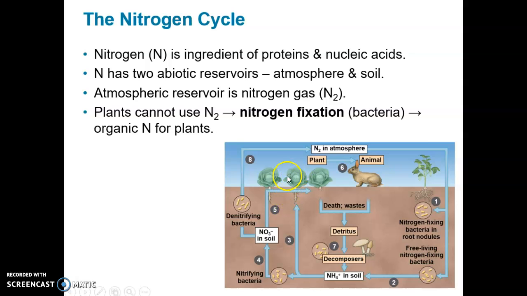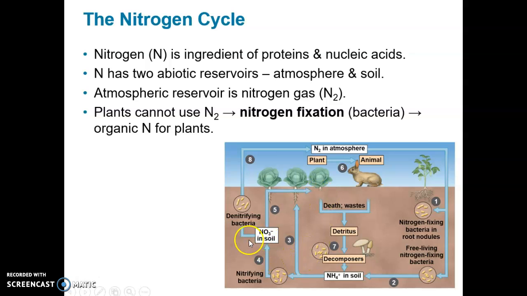And then once it's in the biotic realm, it can be transferred into the subsequent consumers. So then you have nitrogen in the biotic realm. And then, of course, the living things die. Detritus and the decomposers that break down the dead things release nitrogen back into the soil, where it can be utilized by uptake through organisms.